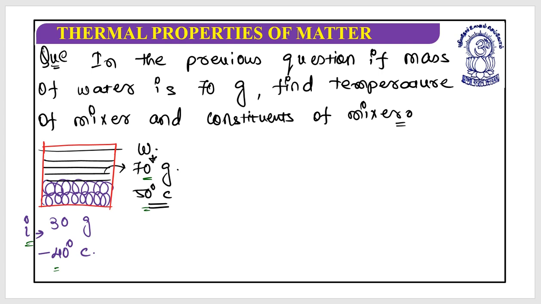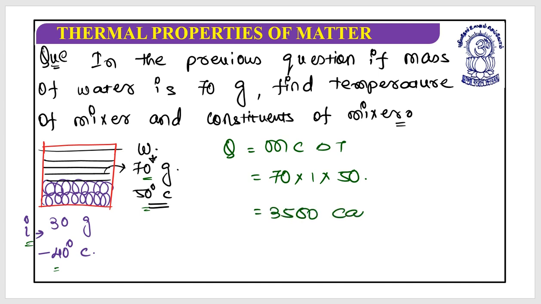Q is equal to mc delta T. This is 70 into 1 into 50, which is 3500 calorie. This is Q available.